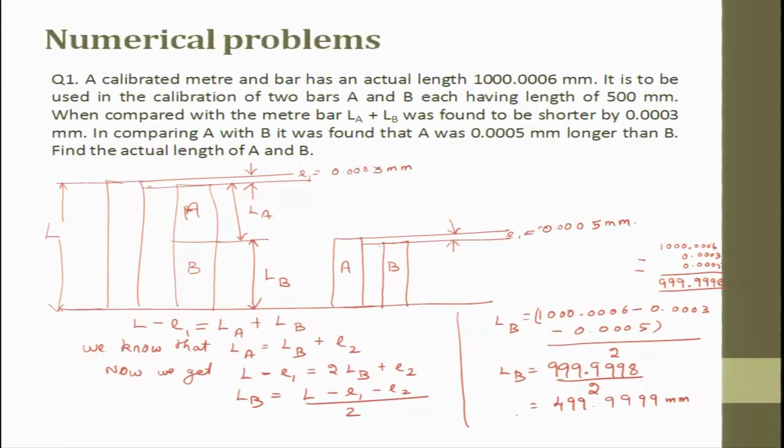So, now I have to calculate A. So, calculation of A will be LA equal to LB plus E. So, this is going to be 499.9999 plus E. E is 0.0005, which I will try to write the answer here.